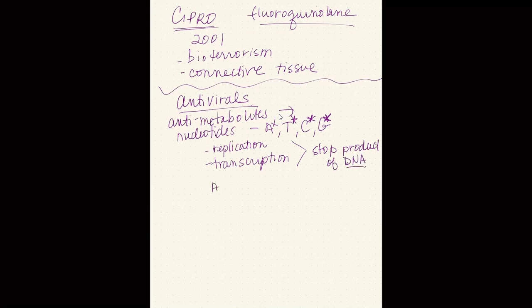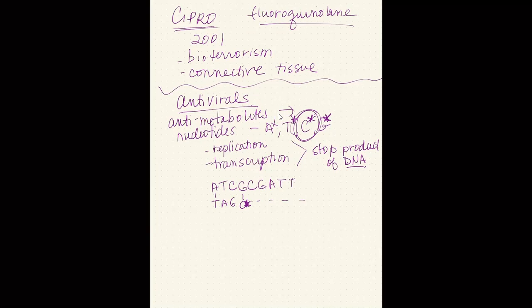So if you have A, T, C, C, G, A, T, T, right, and you're going along and it's supposed to be copied, if we are treating it with something that has a C and the C is altered, it'll stop this process and then we won't be able to copy it anymore. So it totally stops that.